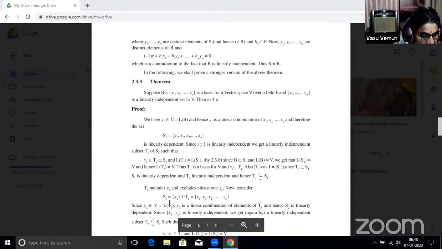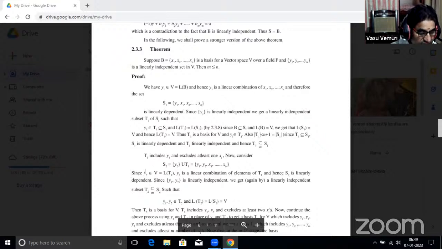Now consider another subset S2, equal to the set of y2 union the T1 values. That is y1, y2, and so on, x1, x2, and so on, xn.